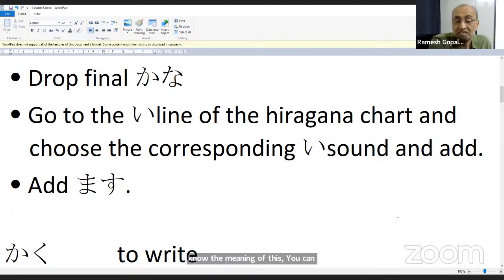This is how you will see verbs in the dictionary in this form. See that it ends in u sound. Kaku. What is the sound? K. So this is a group 1 verb. In dictionary form, it ends in u sound. What is the sound?